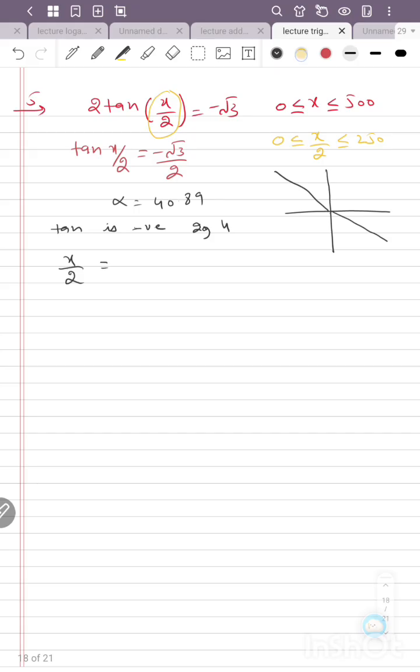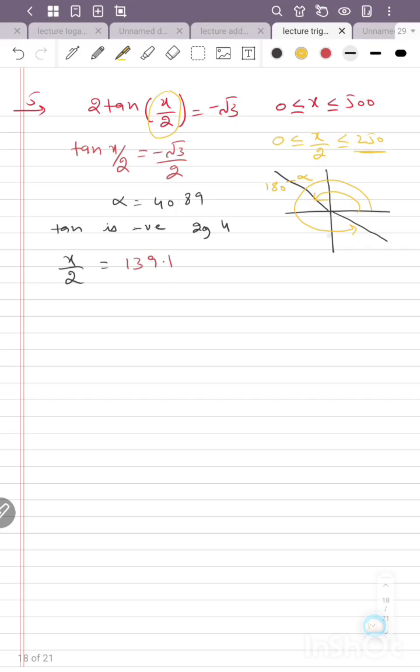If we start from the first quadrant, we need 180 minus alpha. So what is 180 minus alpha? We have to write it as 139.1. Why do we write 180 minus alpha here? We get the answer 139.1. Now we don't need to move further because our limit is 250.